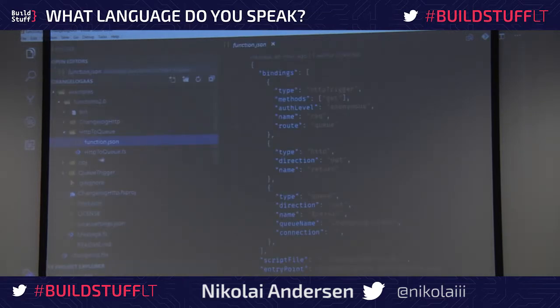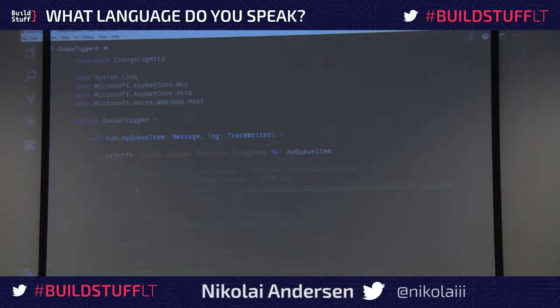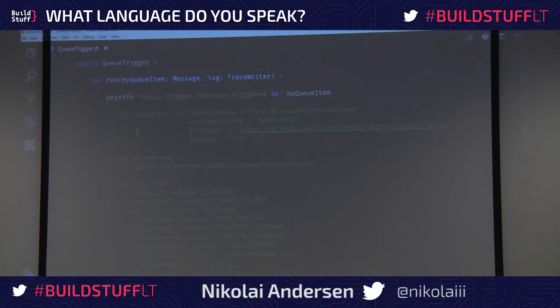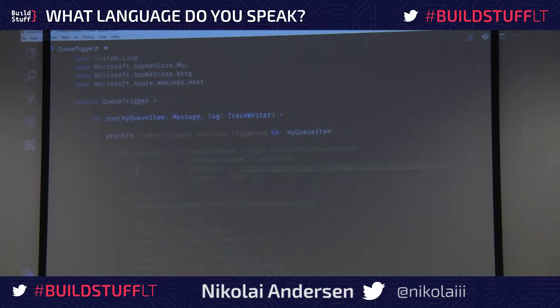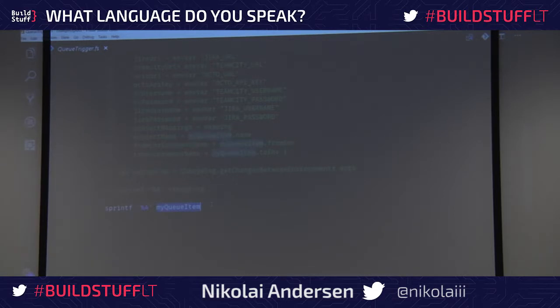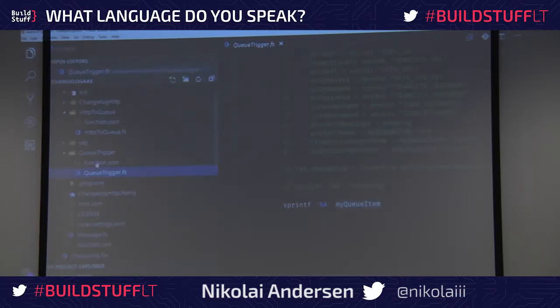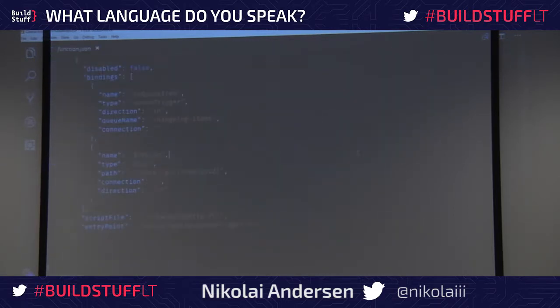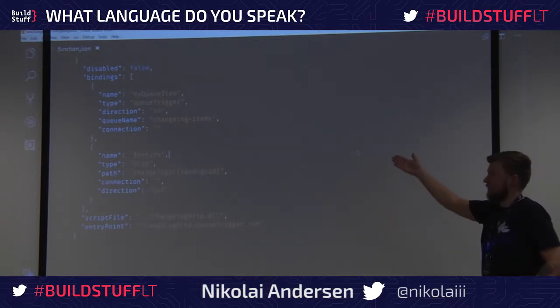And then I have another function that just takes a message as an input and returns a string of that message. Everything is provided in the function.json file, where we can see that the input is a trigger on the queue.